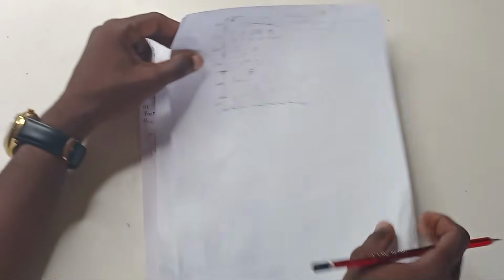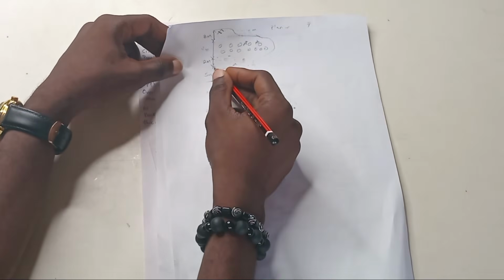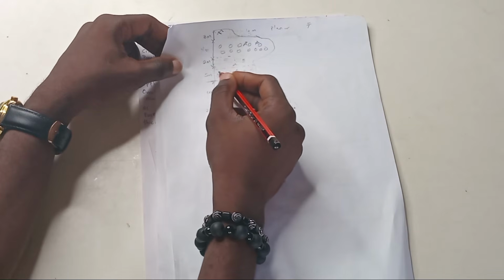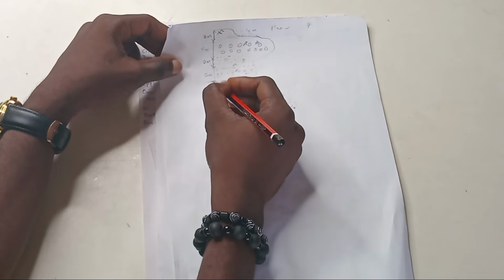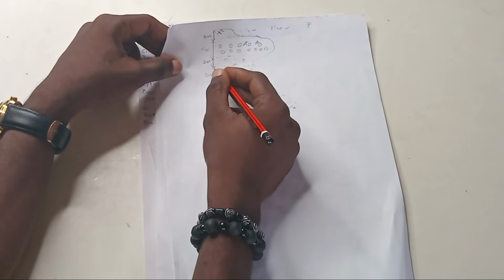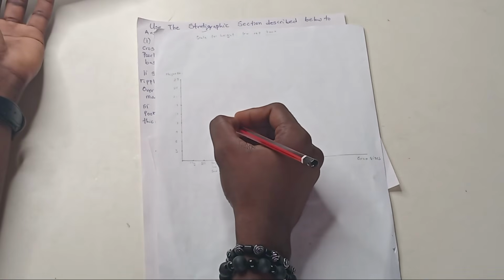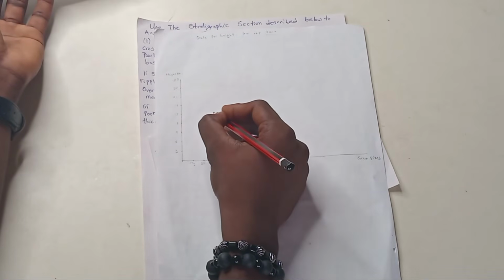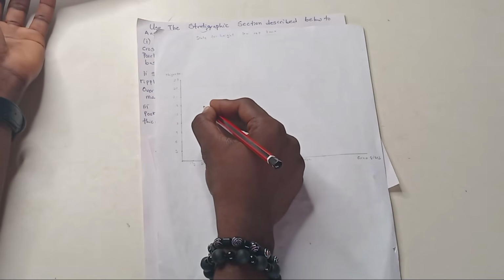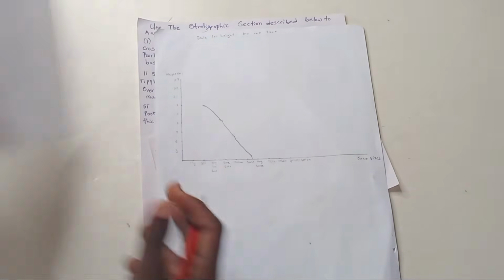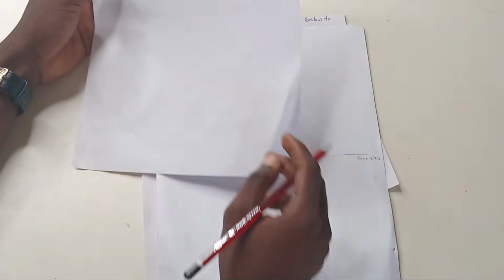How did I get my 12 plus 5? This is where 12 is, and the next one that has silt and sand is plus 5 thickness, that's 17. So as at 17, I'm going to stop at silt. Can you see that? Silt.